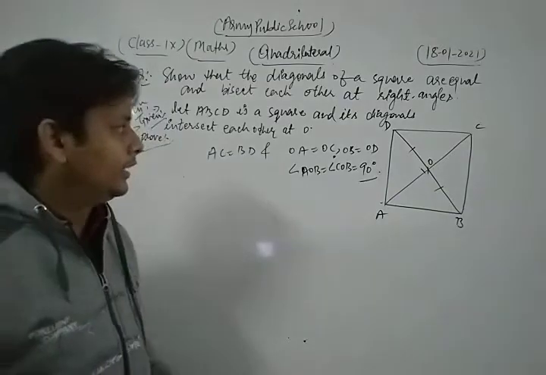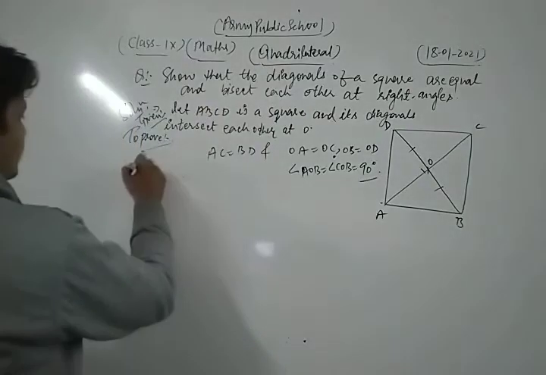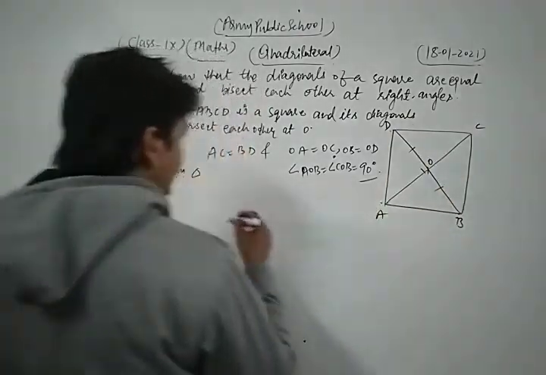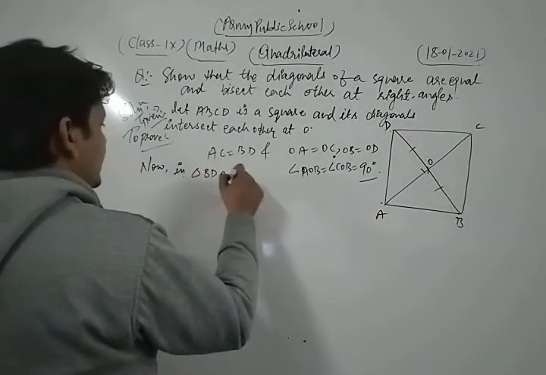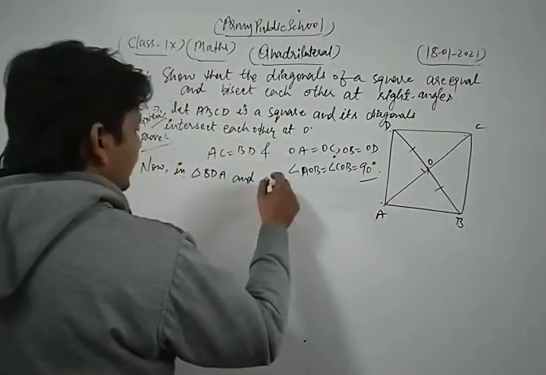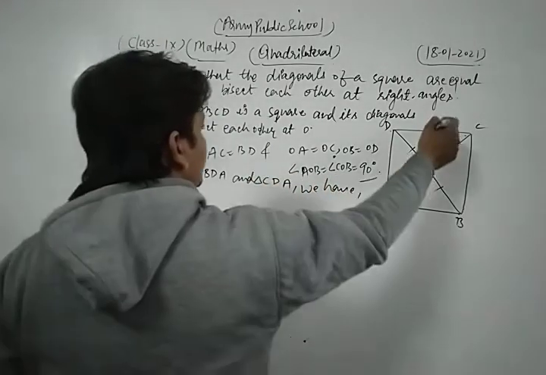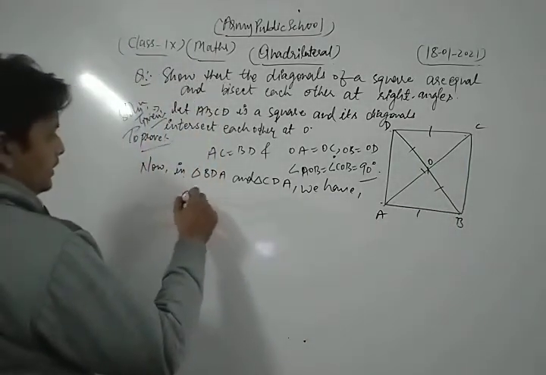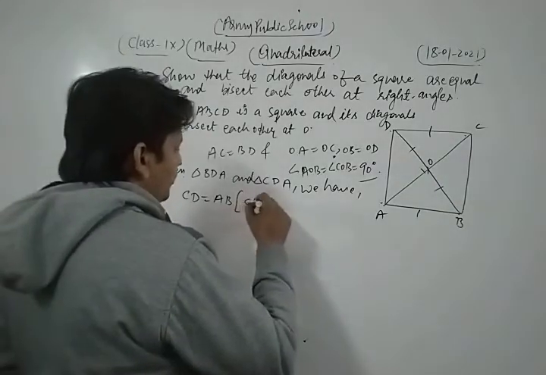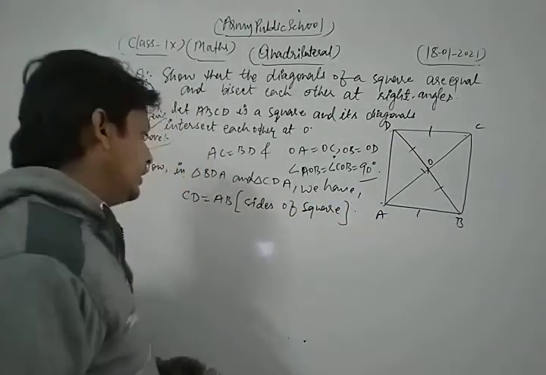Now, first we take triangle BDA and triangle CDA. In triangle BDA and CDA, CD is equal to AB. CD is equal to what? AB, because these are the sides of the square.